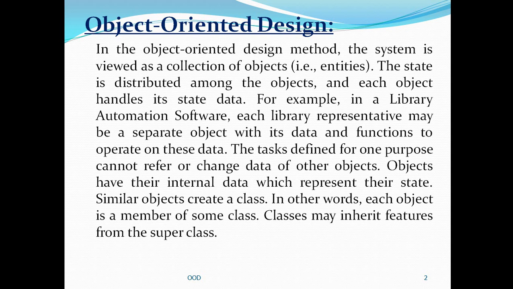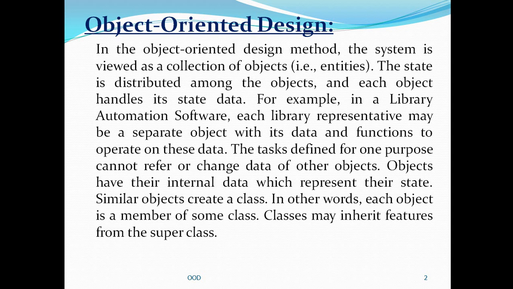The software is divided into a number of objects, so it is easy to find and correct errors. If an error occurs in a specific activity, in a specific task, we can easily find the relevant code, the relevant object, and we can easily correct the error.